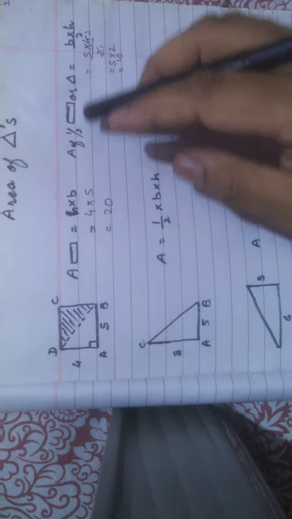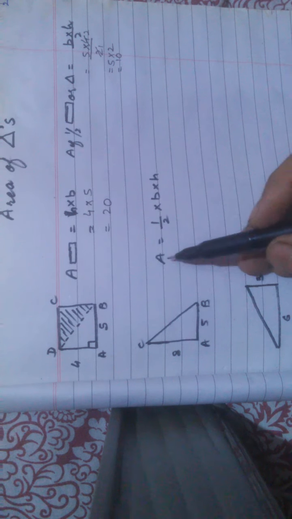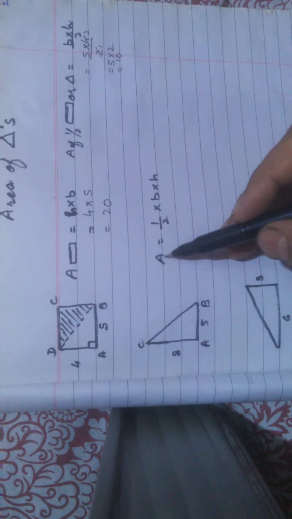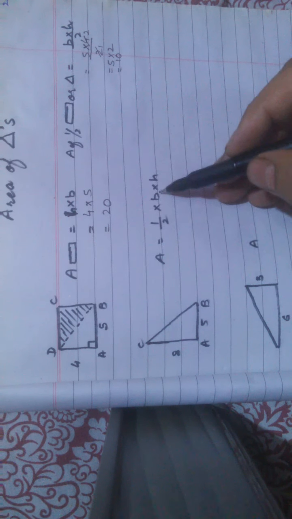So it means that the area of a triangle, on the basis of the same argument that we have discussed, can also be calculated by multiplying the half by base into height. So in short, we can say that the area of a triangle is base multiplied by height multiplied by half. I have noted the same formula over here, that the area of the triangle is half into base into height.